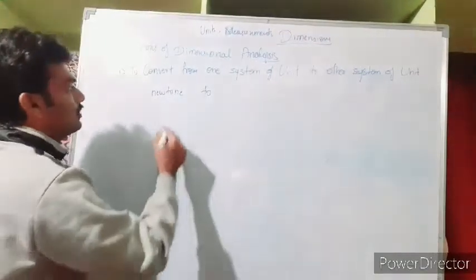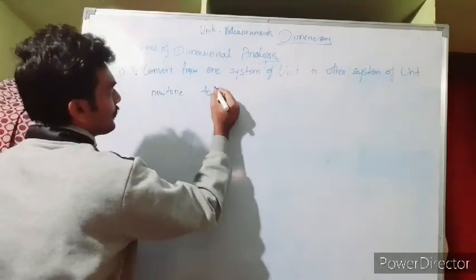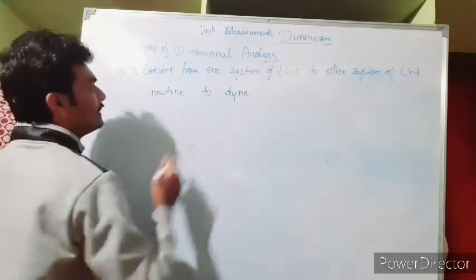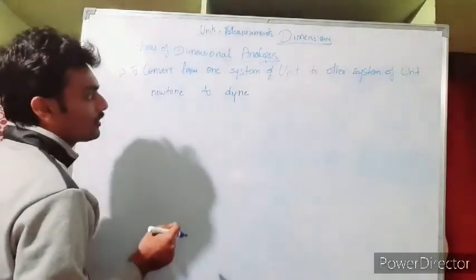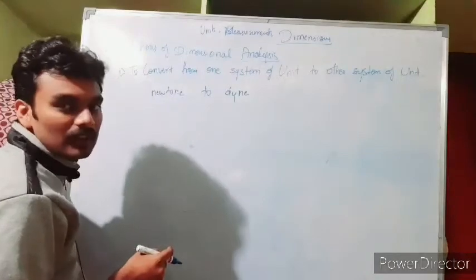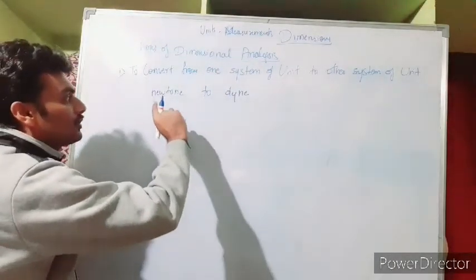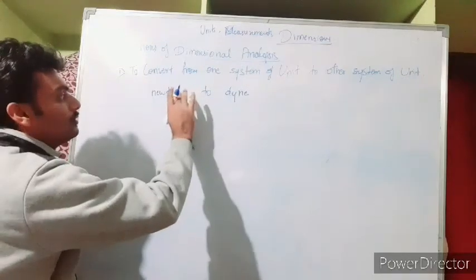Newton is the SI unit for force, and Dyne, D-Y-N-E, is the unit of force in CGS system. Now we are going to convert the unit of force from Newton to Dyne.